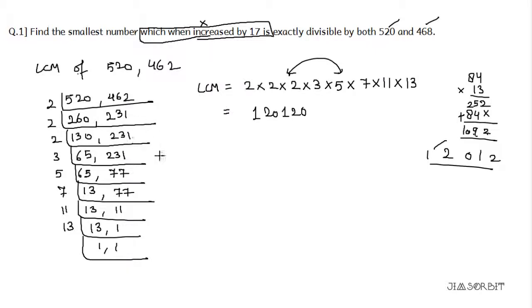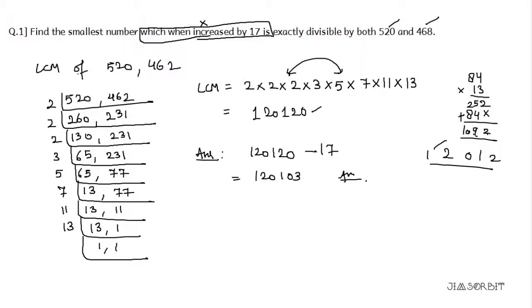So the answer is 120120 it should be less than 17. Then only when you increase by 17 it will become this, and it will get perfectly divisible. So 20 minus 17 is 3, so this is our answer. Simple. Okay, I hope you have understood this.